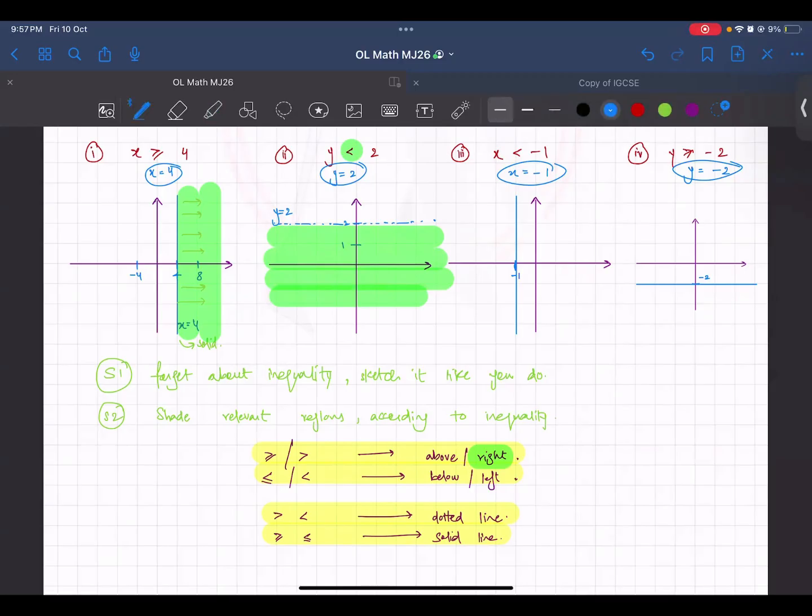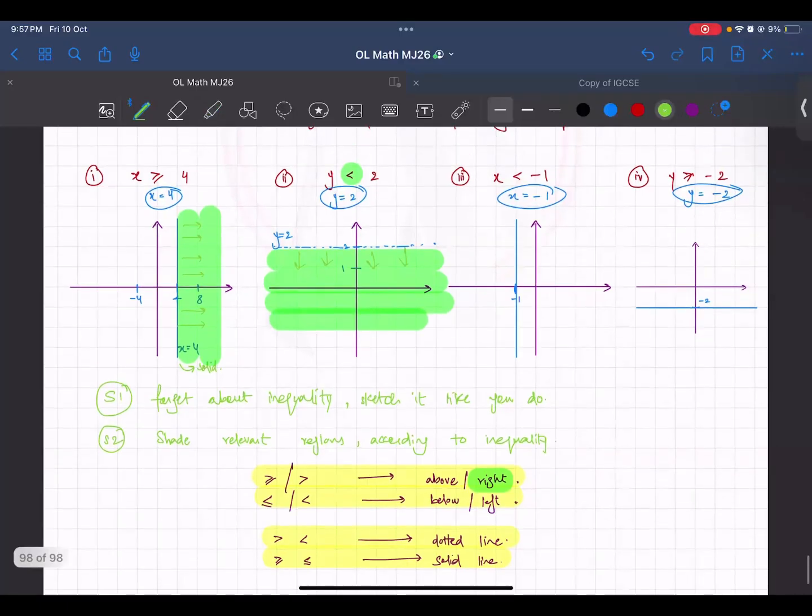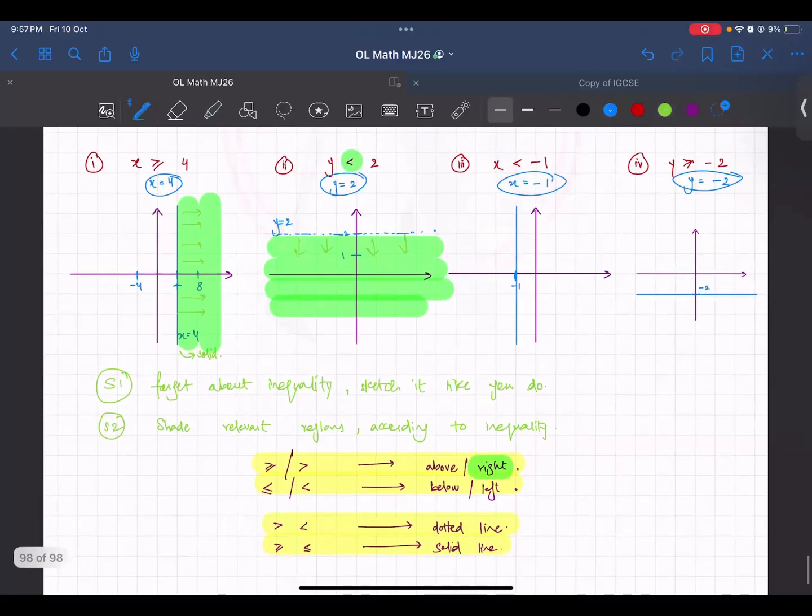Everything that is below. Then for the third one, it is less than, only less than. So this would be a dotted line. And because of the less than, you would shade the part which is to the left.